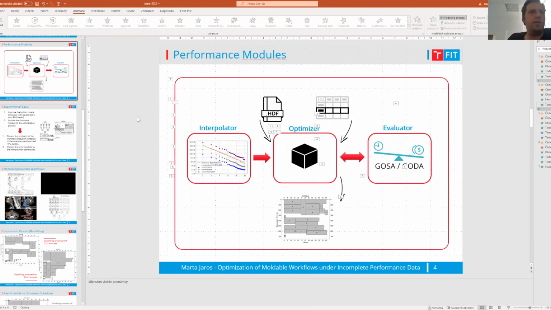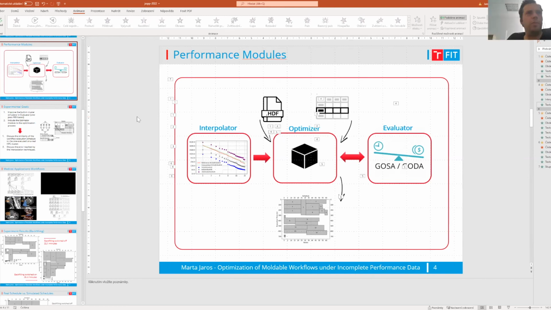So if I understand it correctly, you can change the parameters of the tasks to somehow trade between cost and execution time. Yes. And then you need to see what is the impact of such changes, and for that you need the simulator, right? Exactly like that.